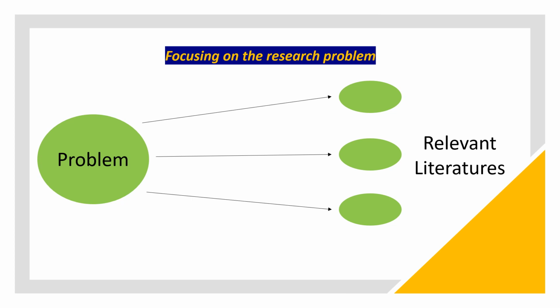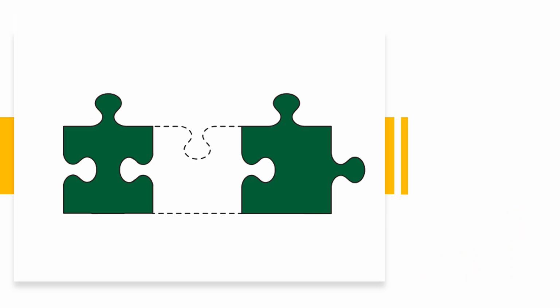So basically the purpose of these frameworks that I'm presenting here is for you to get an idea how you can present your literature review in your chapter 2 in a manner that you are arriving at a research gap as you synthesize the results of your literature review. Because the output of the literature review is the research gap.